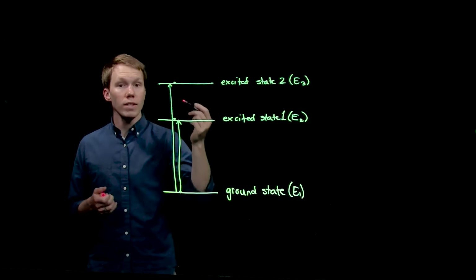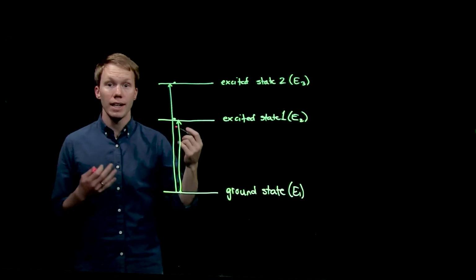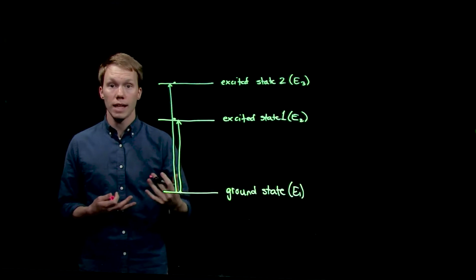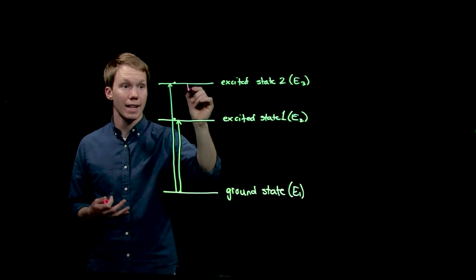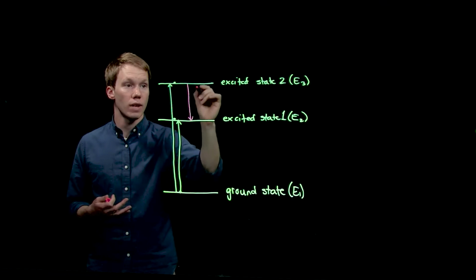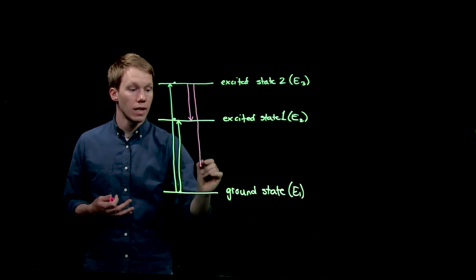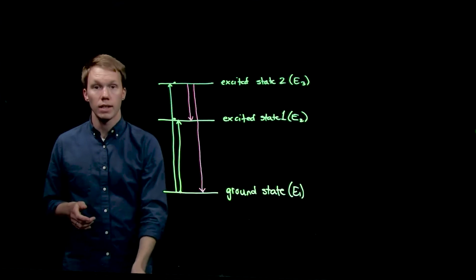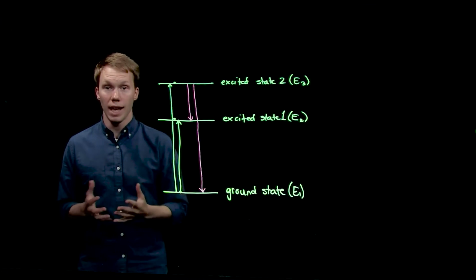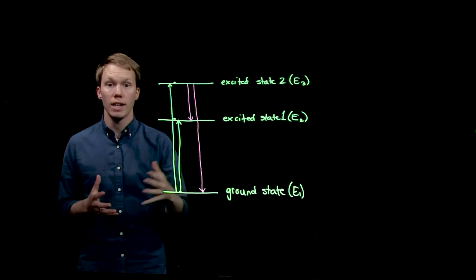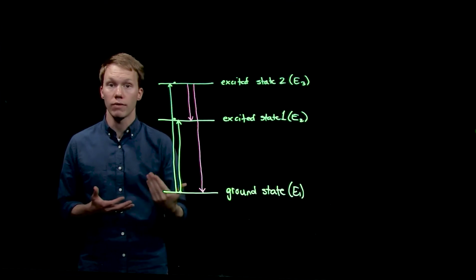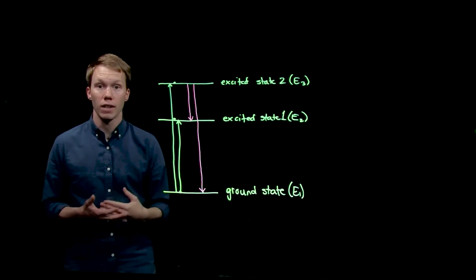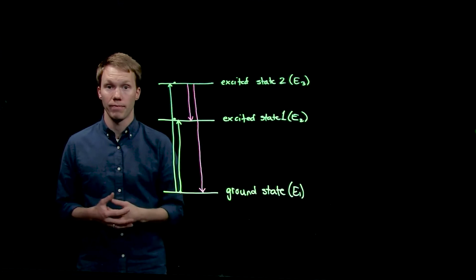Then, once the atom is excited, it can relax and lose that energy that it was given. And that relaxation is known as emission. And these will typically emit a photon in the form of light. And that emission is where we get those discrete frequencies or wavelengths of light that we see.